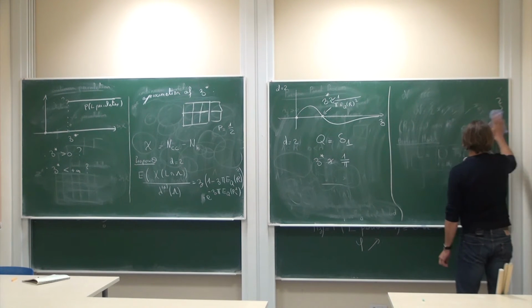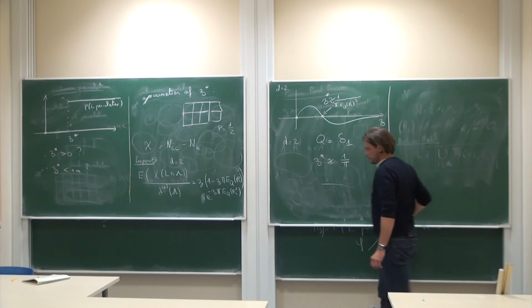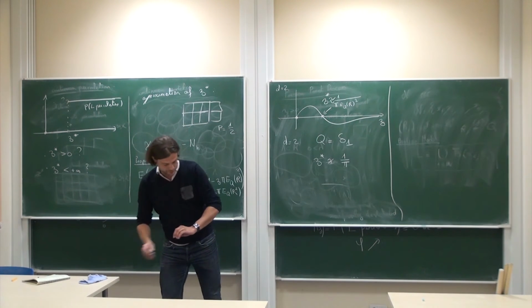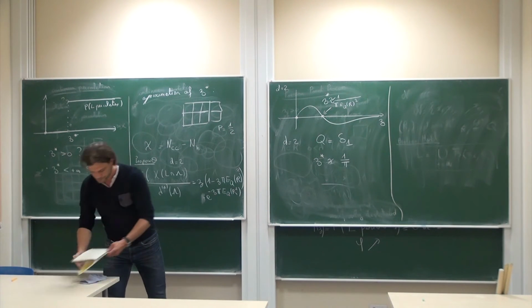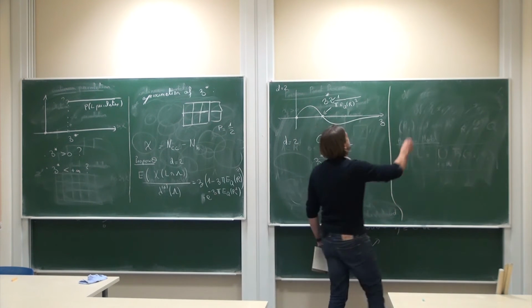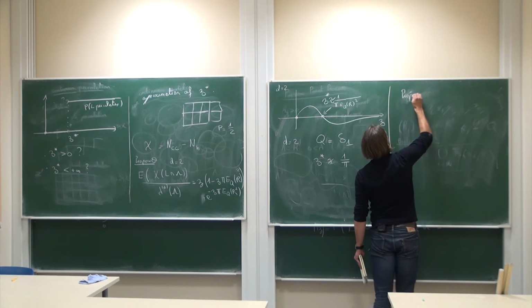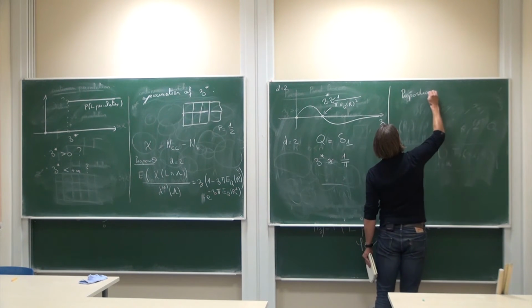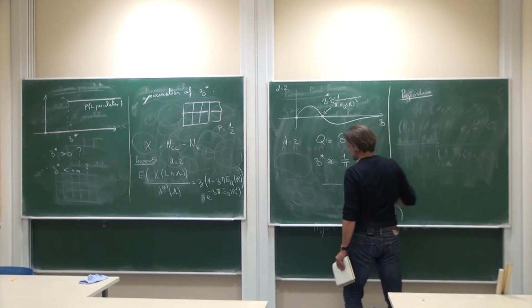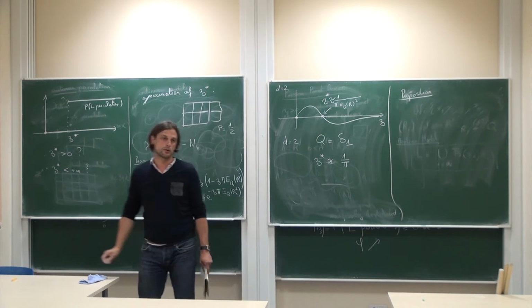So come back now to the problem about the value of z star. We have the first proposition. It's quite easy to have z star not equal to infinity.